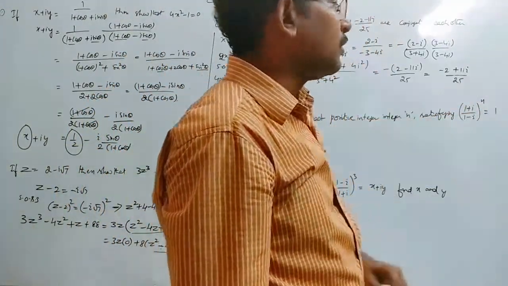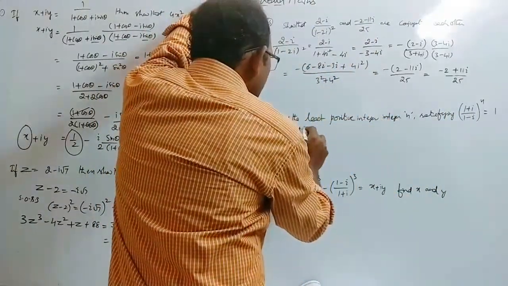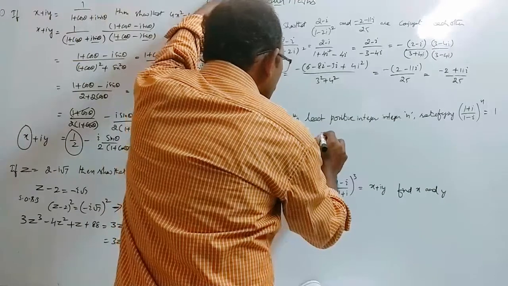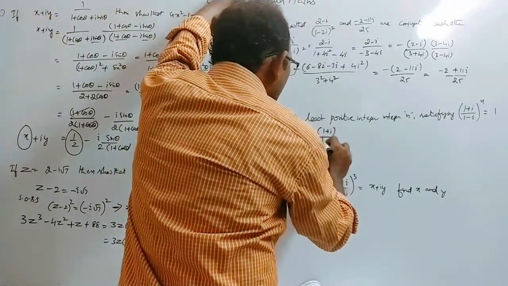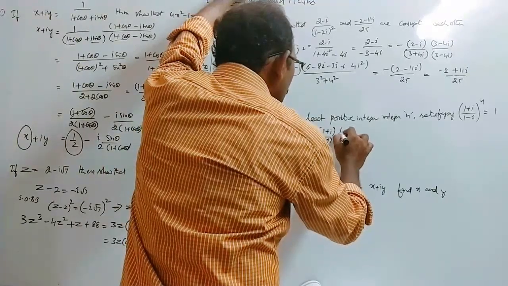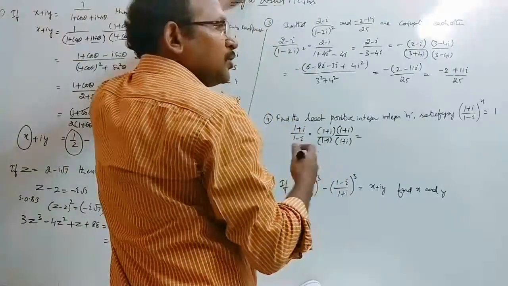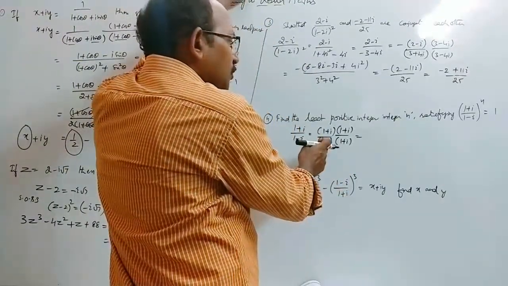Now again let us simplify this value. (1 plus i) by (1 minus i) is equal to (1 plus i) by (1 minus i) into, again rationalization, (1 plus i) into (1 plus i). Here also (a plus ib) into (a minus ib) is a square plus b square. Here a is equal to 1, b is equal to 1.